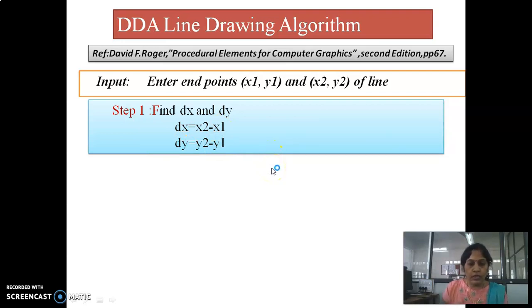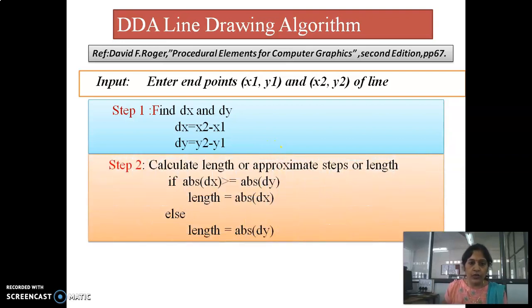Now after calculation of dx and dy, check the absolute dx value, meaning the positive dx value, with the positive dy value. If dx is greater than dy, then the length will be the absolute value of dx. That decides how many steps, how many pixels we have to draw for that line.